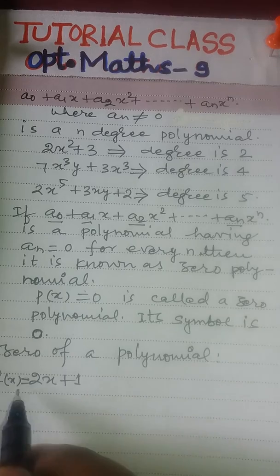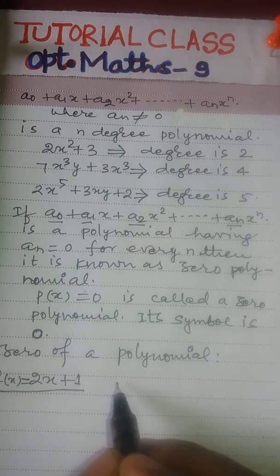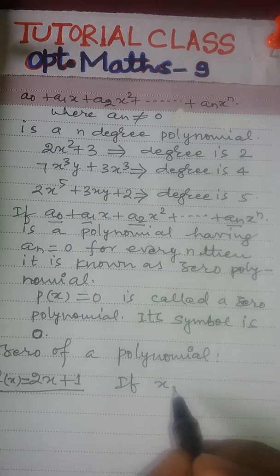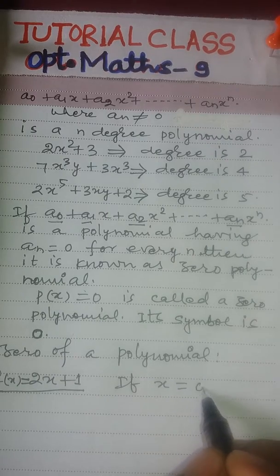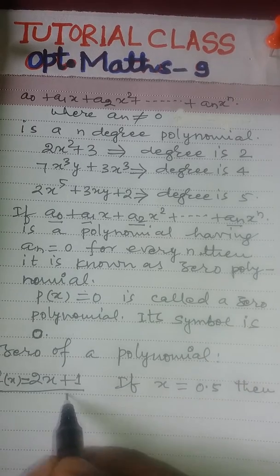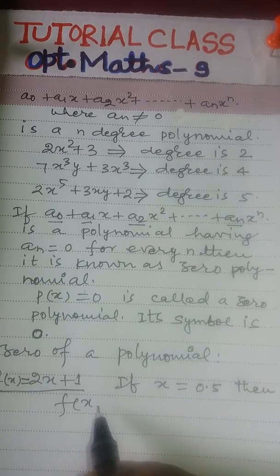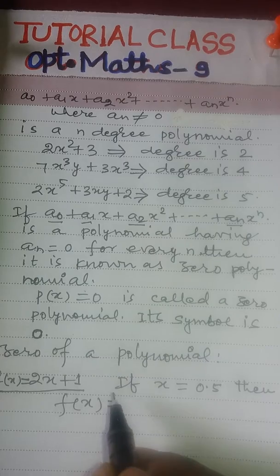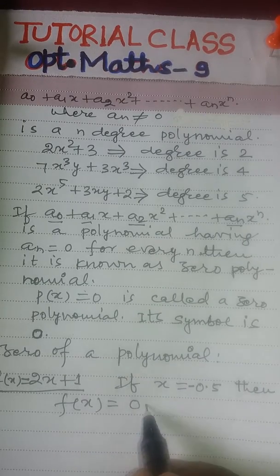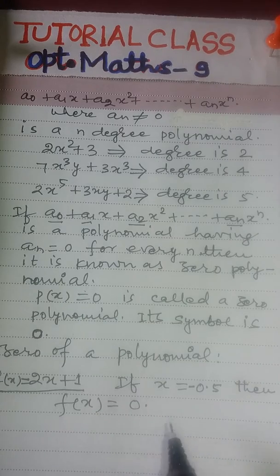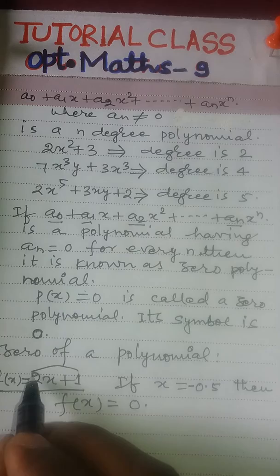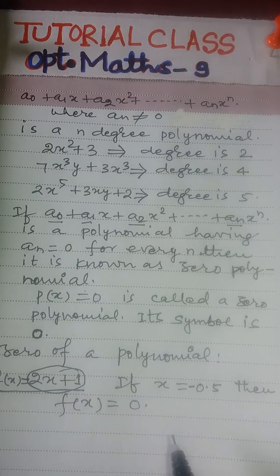If we put x equals minus 0.5, then f(x) equals 0. This means the value x equals minus 0.5 makes the whole result 0.